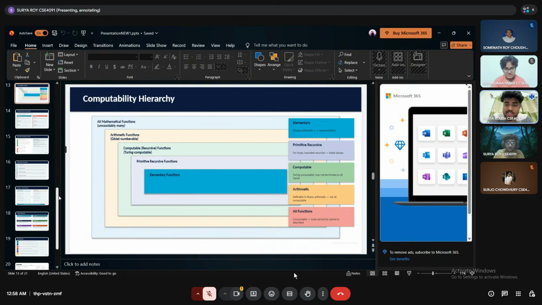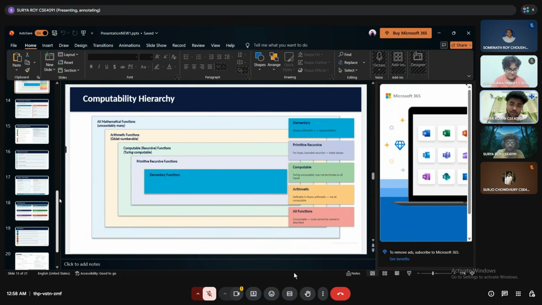Turing computable functions may not terminate on all inputs. After that, the arithmetic functions, definable in Peano arithmetic, are not all computable. And at last, all functions means all mathematical functions, uncountable, and most can't be named or described.